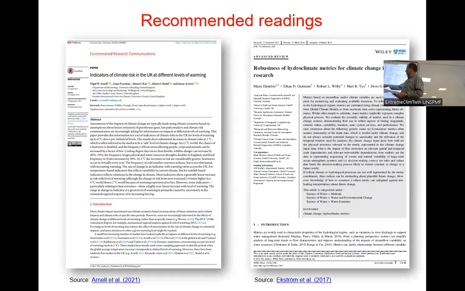Nigel Arnell and others have developed a set of climate risk indicators for the UK to show how different sectors might be impacted by different amounts of global warming. And this is again a very powerful way of linking global change to national and local impacts.